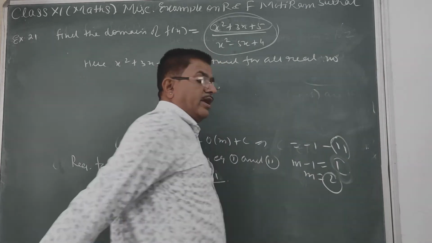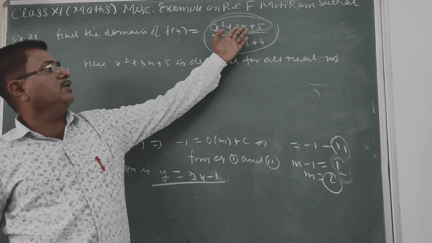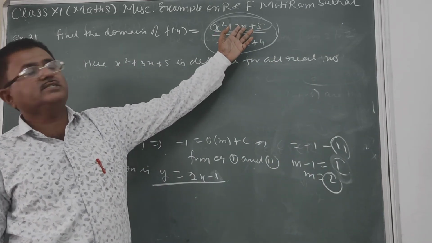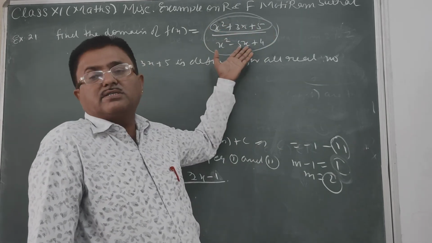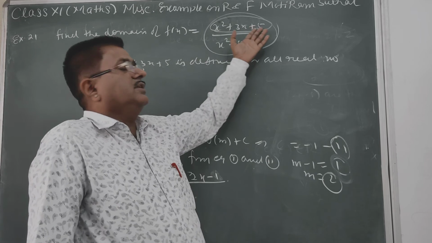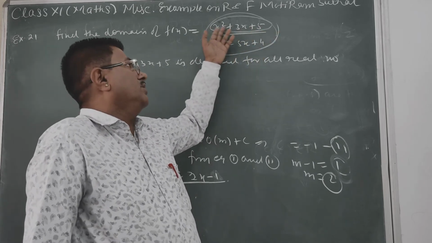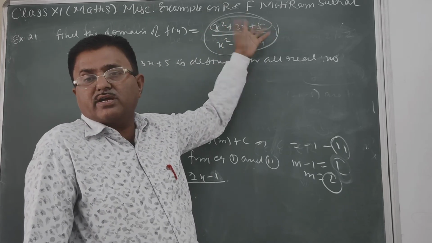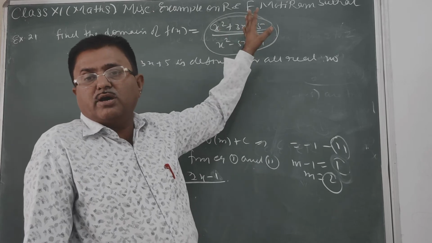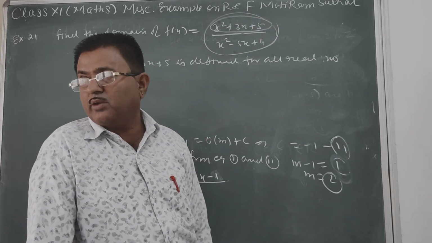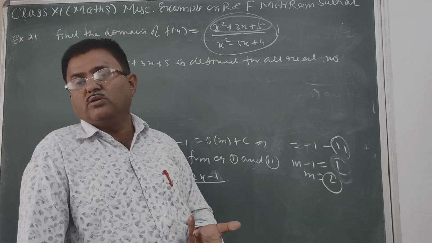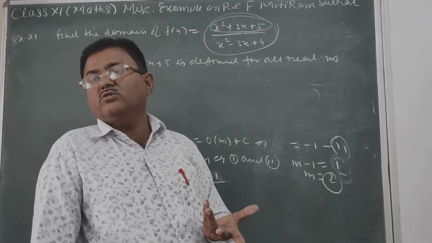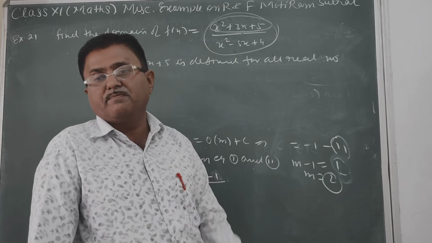Why all defined? आप यहाँ पर x की वैल्यू कोई भी रखो, हमारा आंसर आएगा. जैसे आपने 0 रख दिया तो 5 आ जाएगा. 1 रख दिया तो भी आ जाएगा 1 plus 3 plus 5. -1 रख दिया, 1/2, 1/3, any value if we are putting for x in the numerator, we get corresponding some value. Some value is definite value, that's why the numerator is defined.